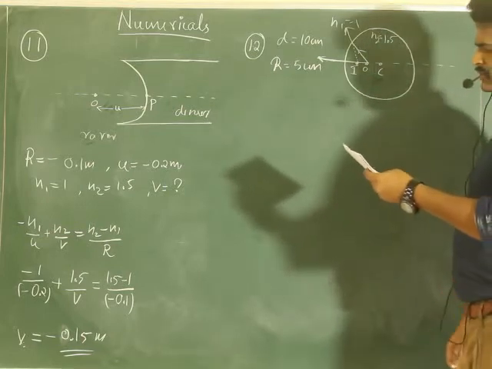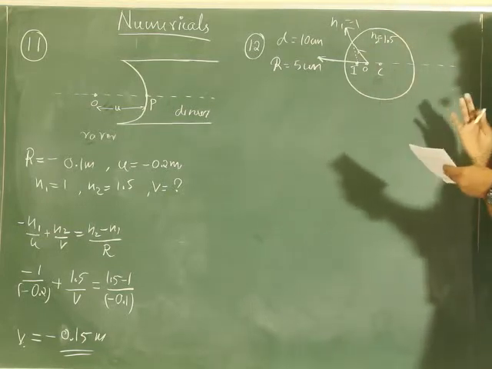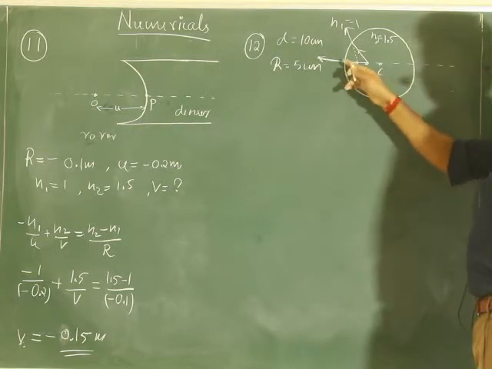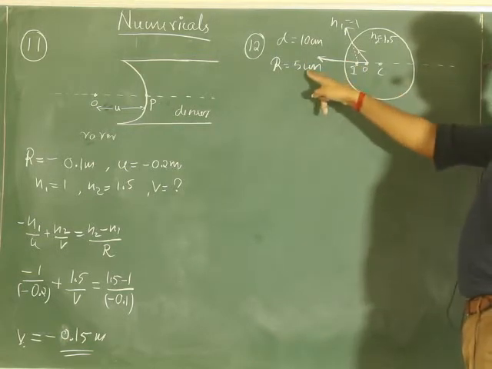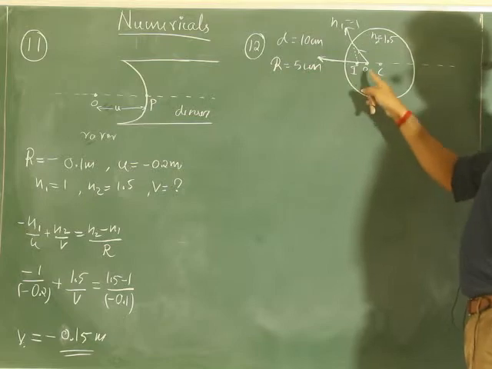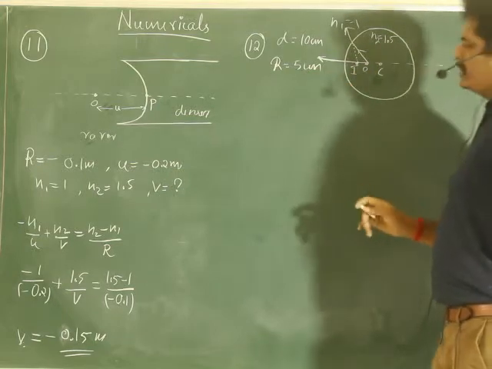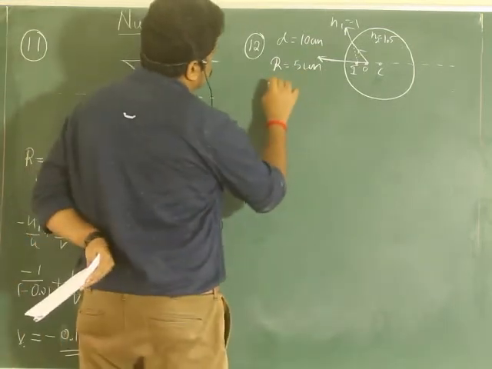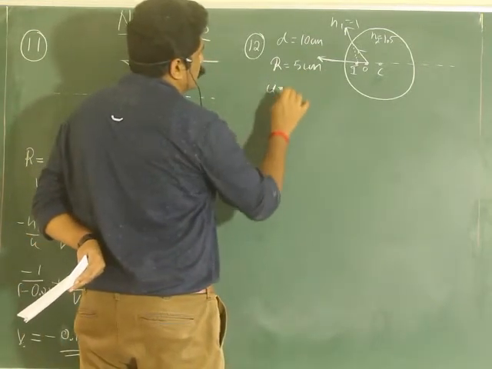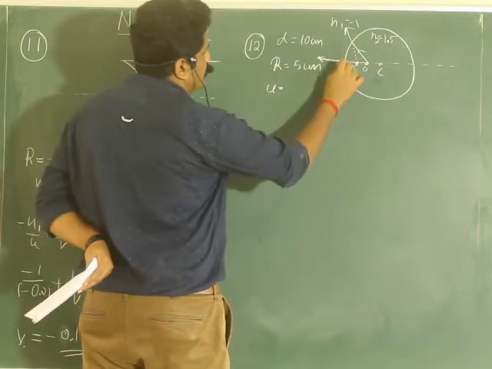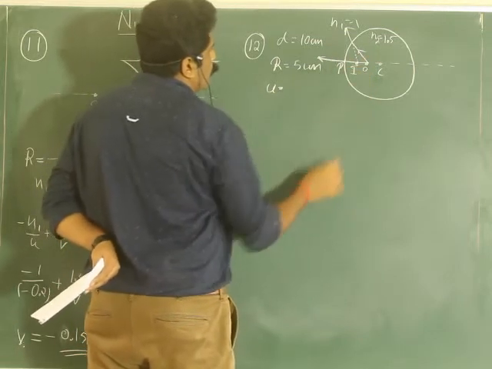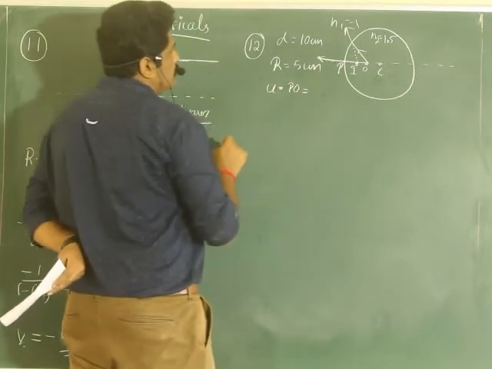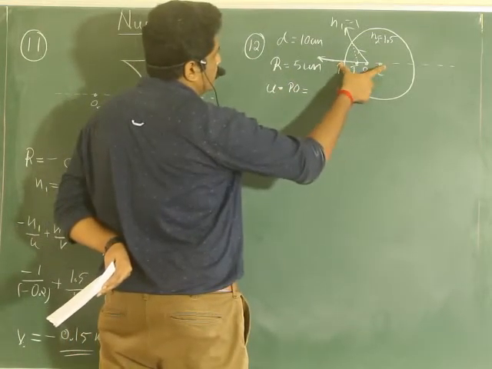Now the object distance is given. The air bubble is at a distance of 2 cm from the center, and the total radius of curvature is from here to here. So I will write down the given data. The object distance is measured from the pole, PO. Total is 5 to the center.